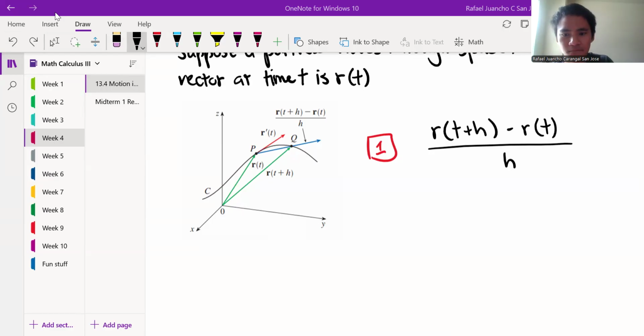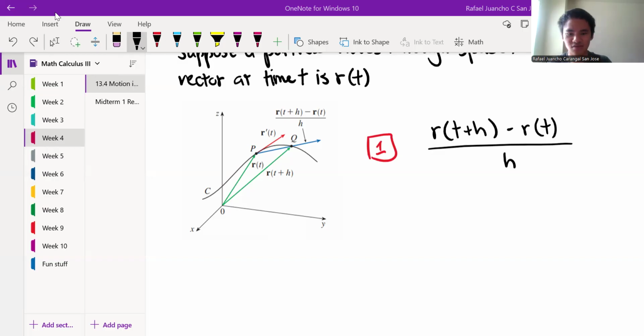So the vector from 1 gives the average velocity over a time interval of length h, and its limit is the velocity vector v of t at time t.